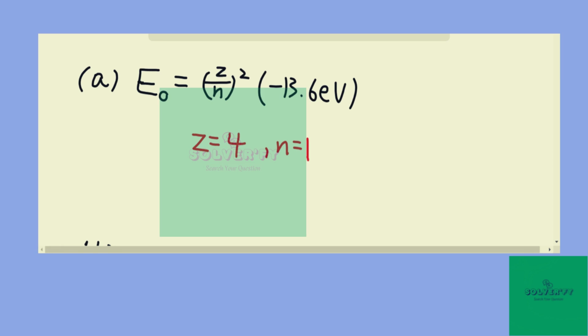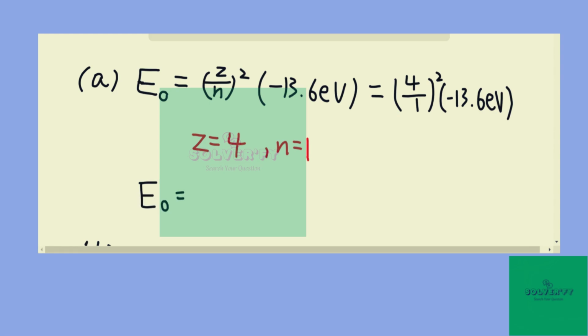Okay, so now if we plug back into the equation with the 4 and 1, we'll have 4 over 1 to the power 2, and then times negative 13.6 electron volts. And this will give us the ground state energy for the beryllium atom, which is about negative 217.6 electron volts.